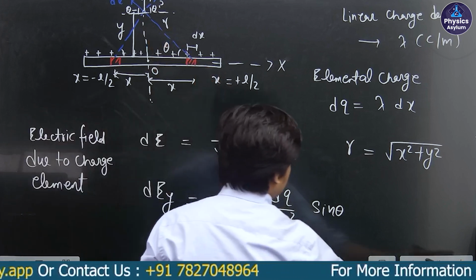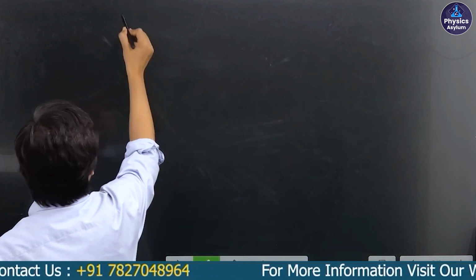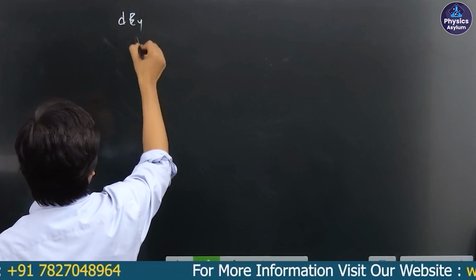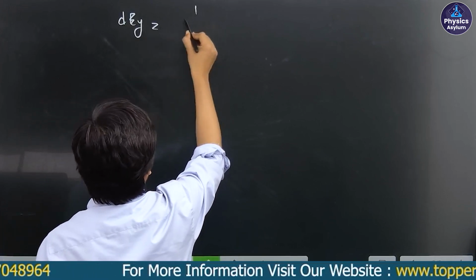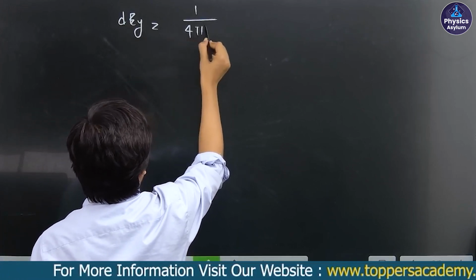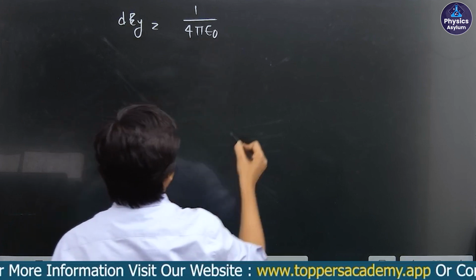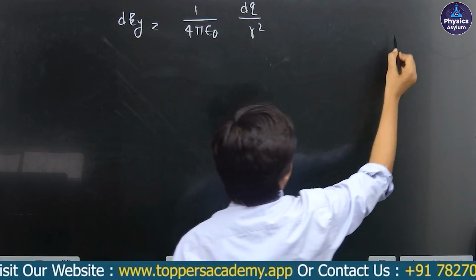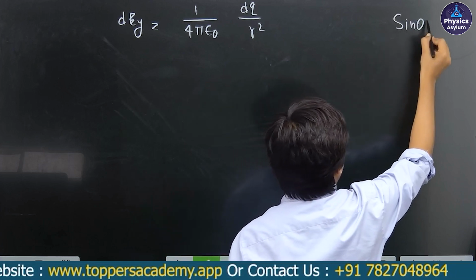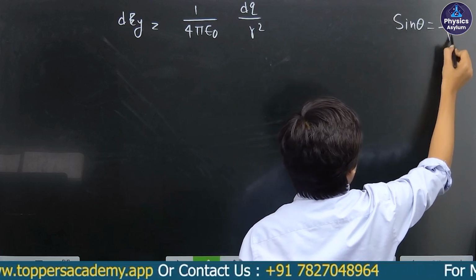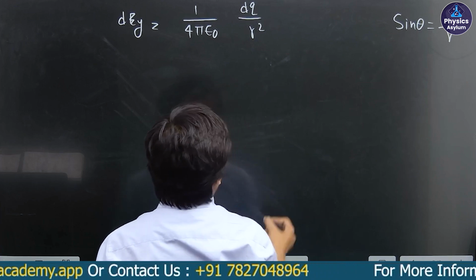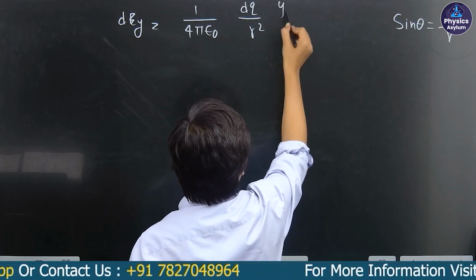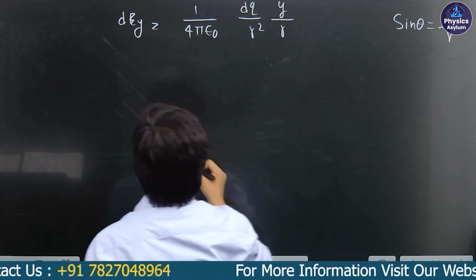So I can write that this dEy will be equal to 1 over 4 pi epsilon naught dq by r square. Sin theta is y over r.